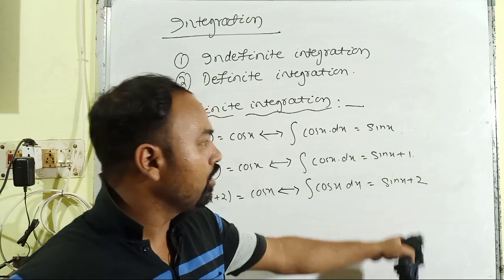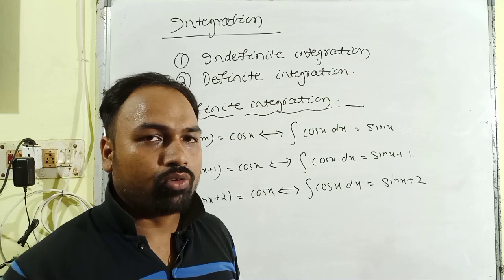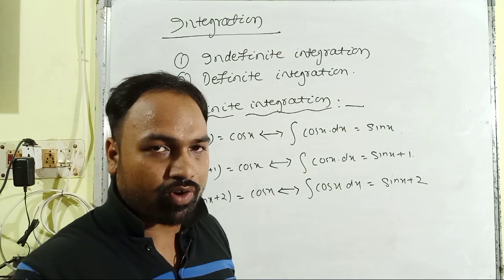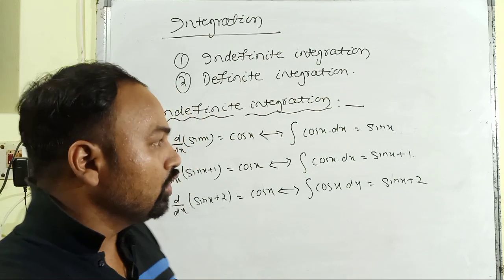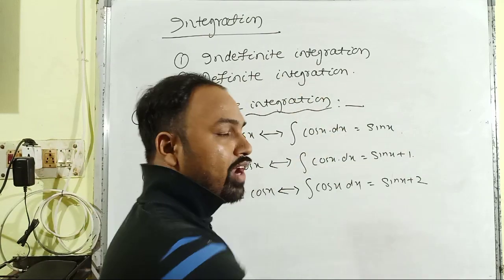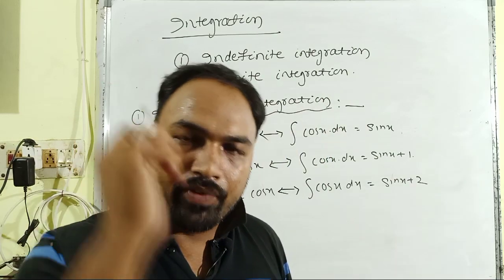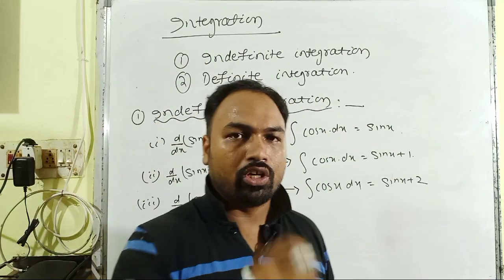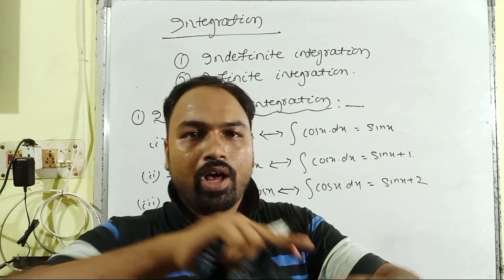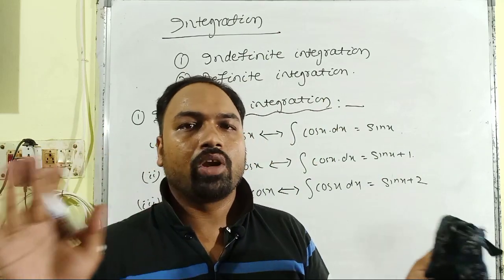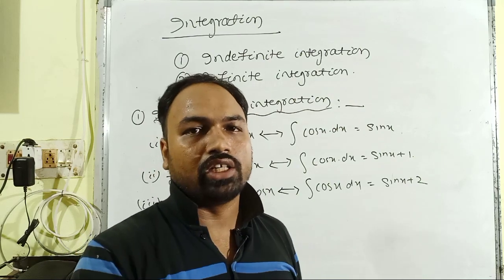Here you can find sin x plus 1, sin x plus 2, so you can find infinite number of solutions for the integration of cos x with respect to x. So this is called indefinite integration, because you are not getting a finite or a fixed solution for this process of integration. You are acquiring infinite number of solutions. As it is not definite, it is called indefinite.